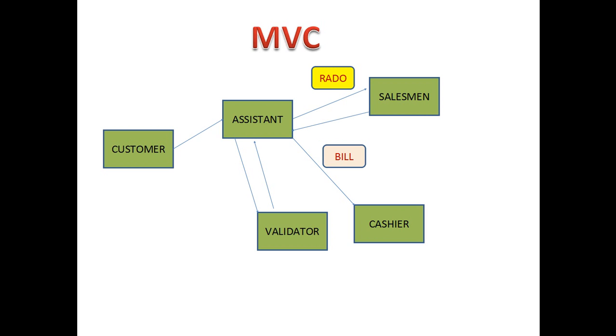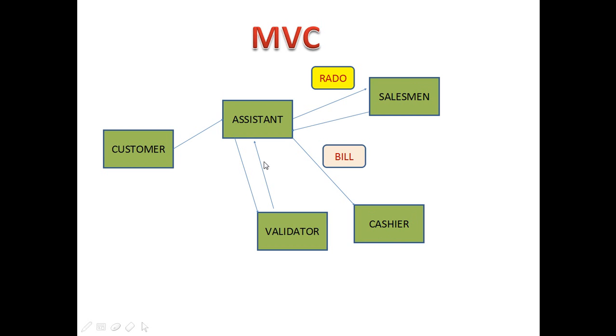The salesman doesn't know about a rebate or whether there is any offer or not. Generally the salesman does know the offers, but he doesn't know how the transaction is going to be done. It could be a debit card, direct cash, or a credit card. So the salesman's job is just to display, and the cashier's job is just to bill. It doesn't matter whether it is a Rado watch, a Titan watch, whatever it is.